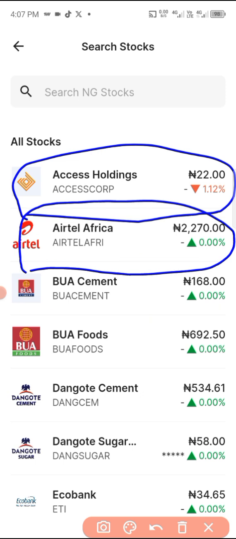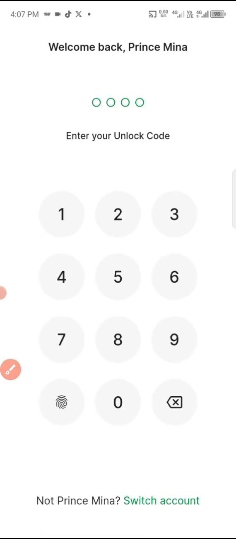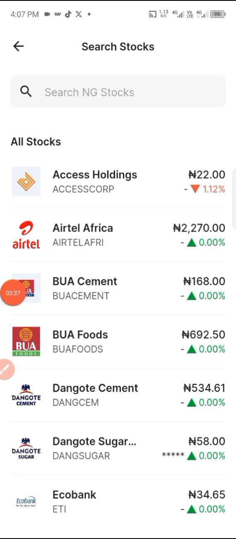Now, one thing I always tell my students is that you have to consider those projects that have other means of making money. One of the projects you have to look into when it comes to stock market is this particular one. But remember, I'm not your financial advisor. You can do your own personal diligence before you key into it.